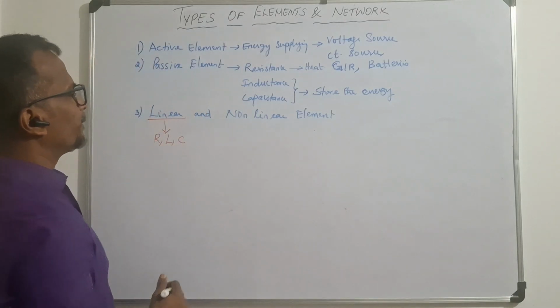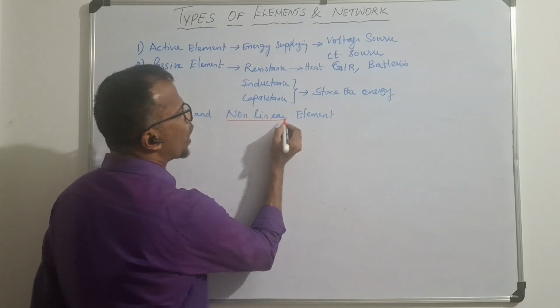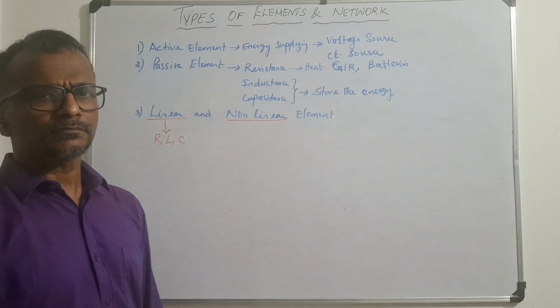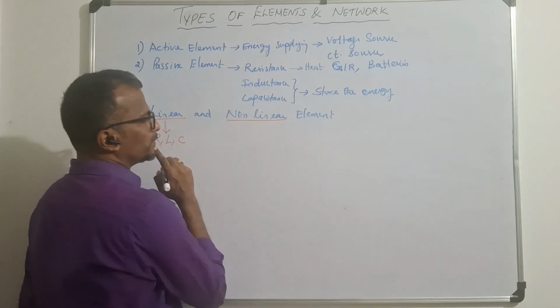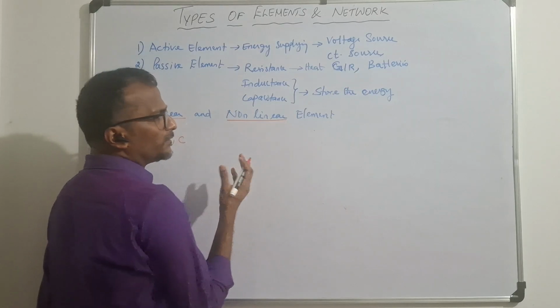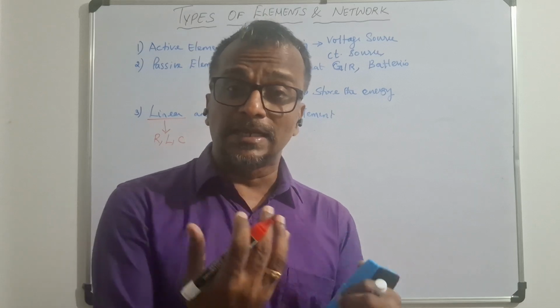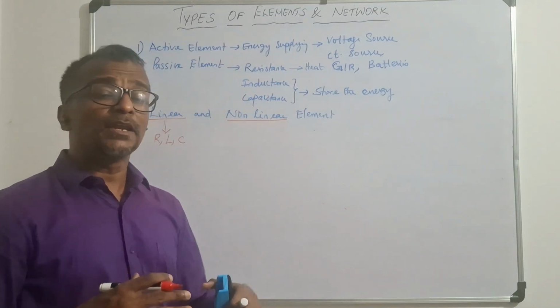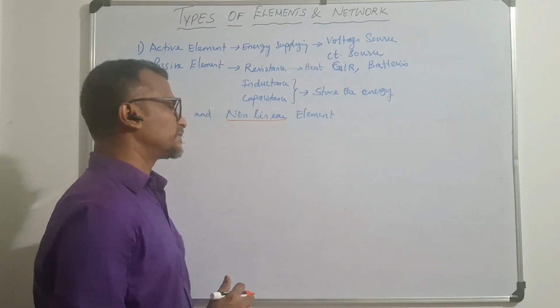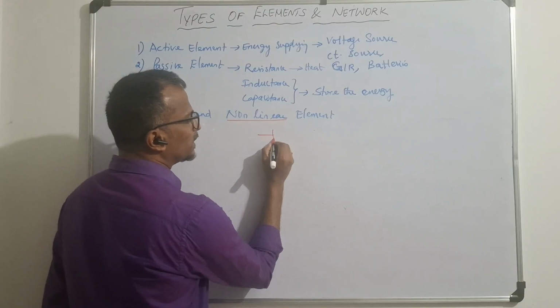At the same time, what is meant by non-linear element? The non-linear element means the current will not vary linearly with respect to voltage. It will vary in a non-linear fashion. For example, the diode.